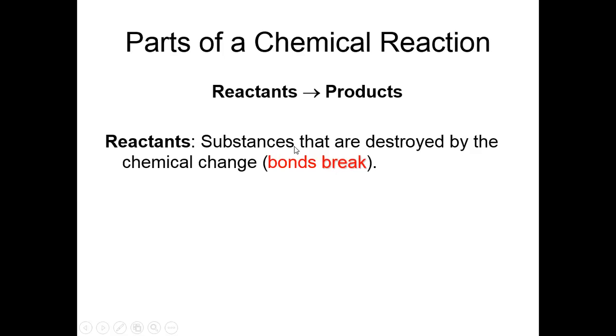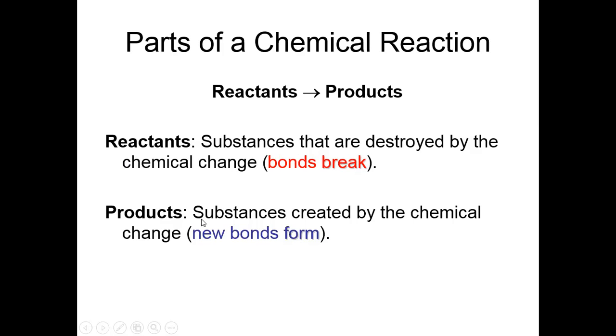Reactants: substances that are destroyed by the chemical change, bonds break. Products: substances created by a chemical change, new bonds form. The arrow is read as yields.